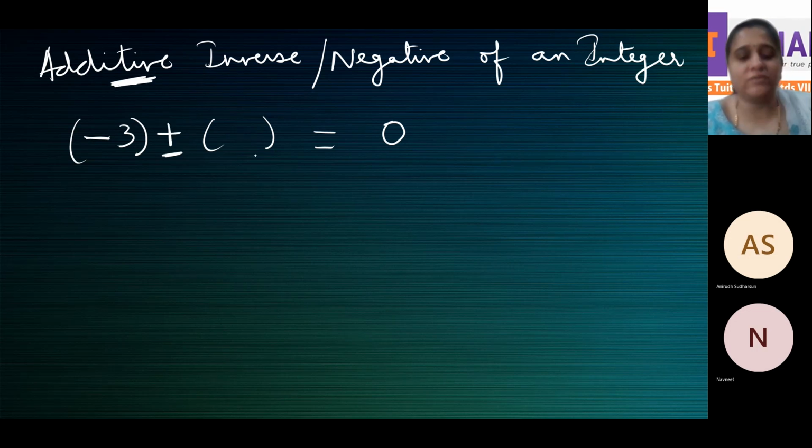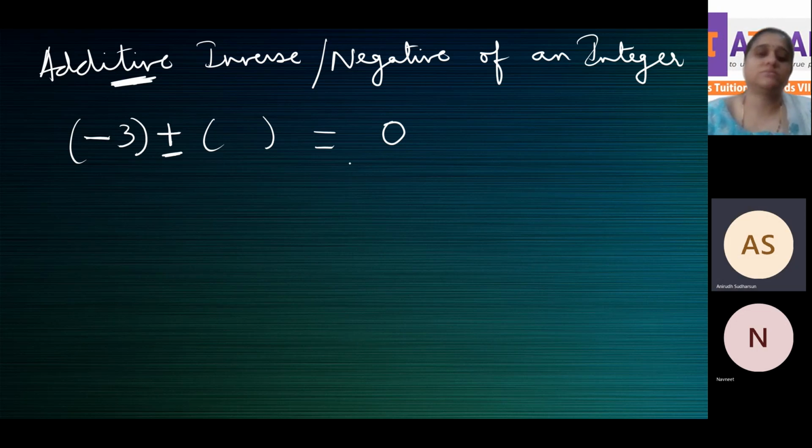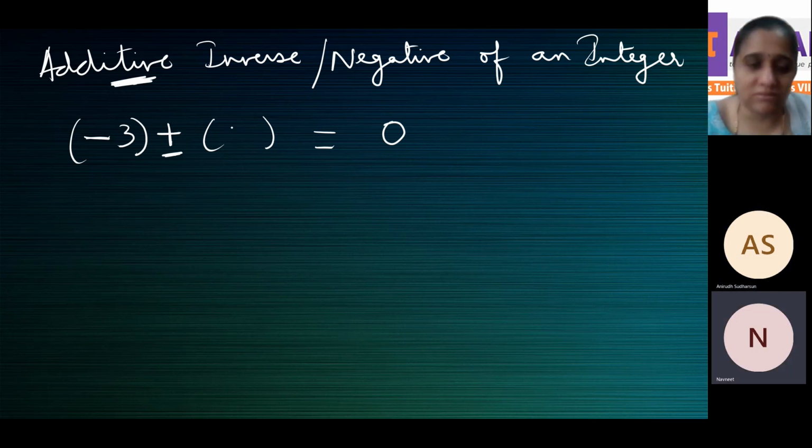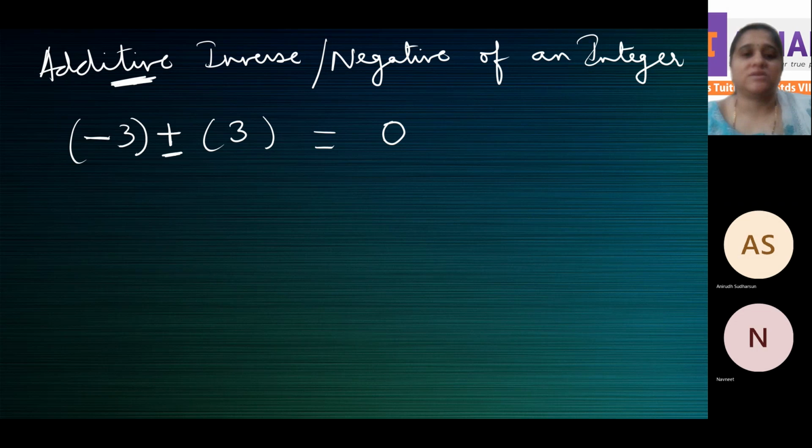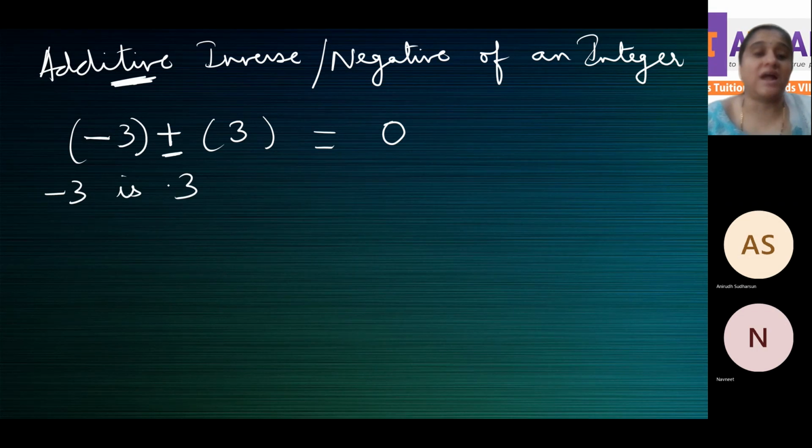So plus what will give you 0 as a result? 3, ma'am. 3. Minus 3 plus 3 is 0. So we say that the additive inverse of minus 3 is 3, because minus 3 plus 3 is 0.